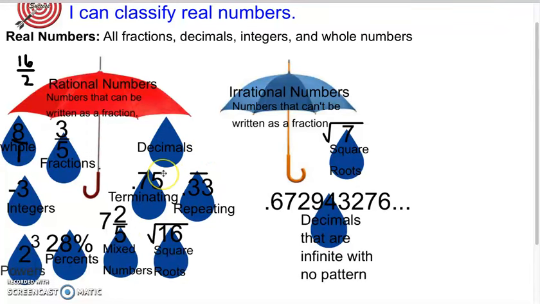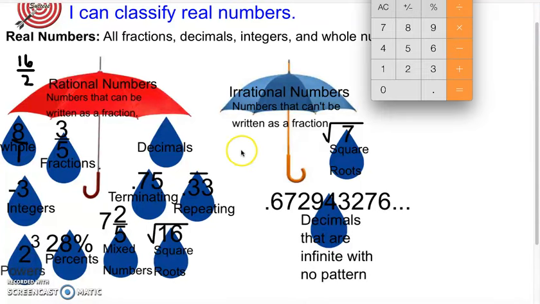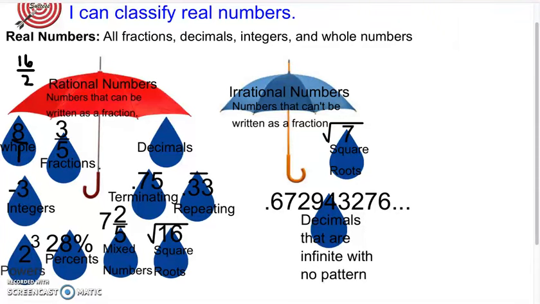Next category are decimals. Because the cool thing about fractions is I can take any fraction and take a calculator and go, like 3/5, I could do 3 divided by 5, and it creates a decimal for me. So no matter what, a fraction is linked to a decimal, and a decimal is linked to a fraction.